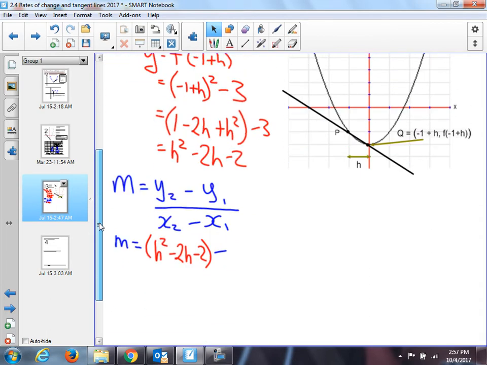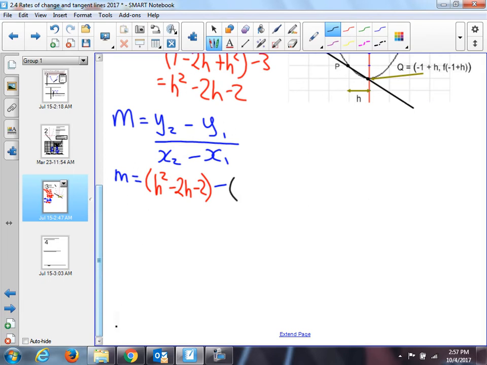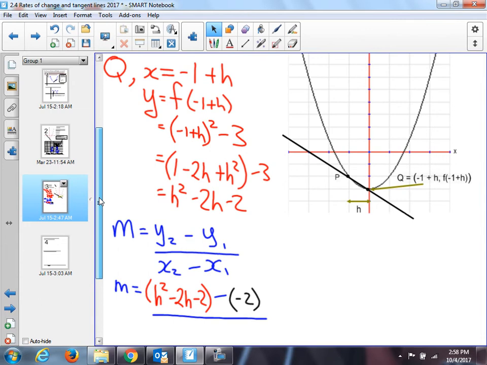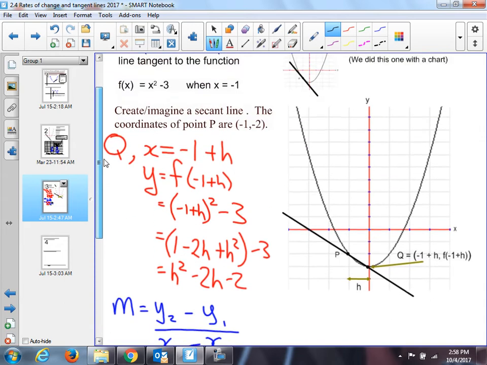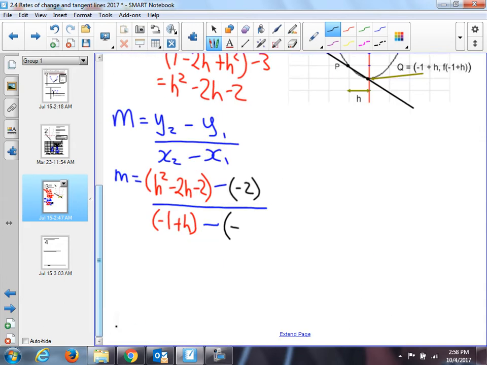The point P's y value is negative 2, so minus negative 2, all over x2. What was my x for the q point? Negative 1 plus h. Oh yeah, that's what it was. Subtracting. The original point P had an x value of negative 1. I slid up to see where it was. Yep, it was. Okay. All I've done is substituted into this form.